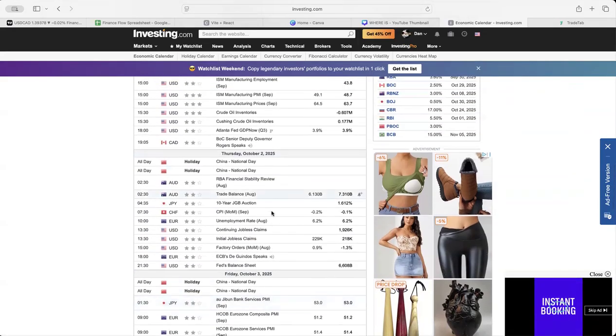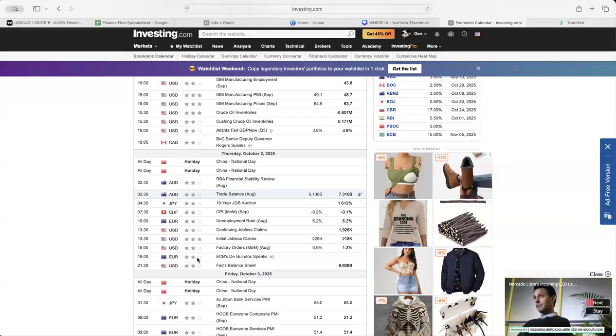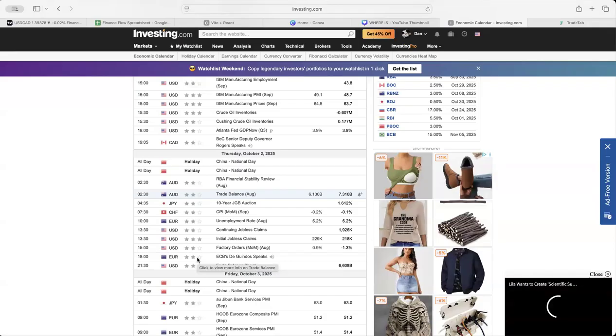And then Thursday we skipped over, but we've just got jobless claims and the unemployment rate for the euro. So what you want to be doing is making a note of what is coming up and what the potential could be. These are things that you 100% want to be writing down, and then slowly, over time, you can start to understand them.